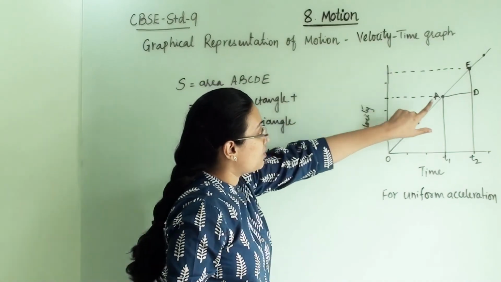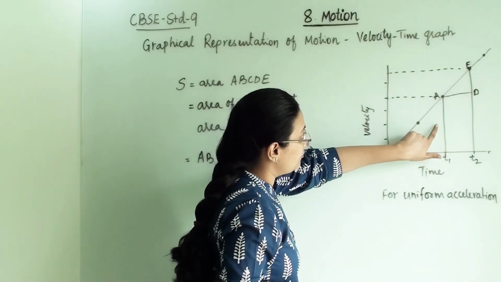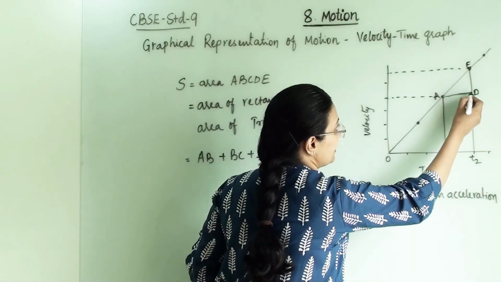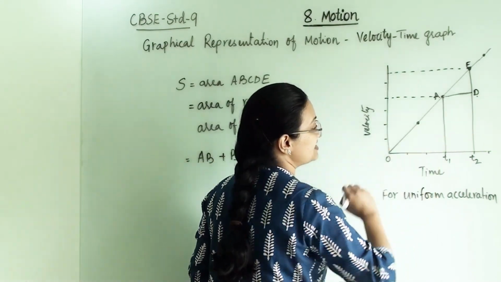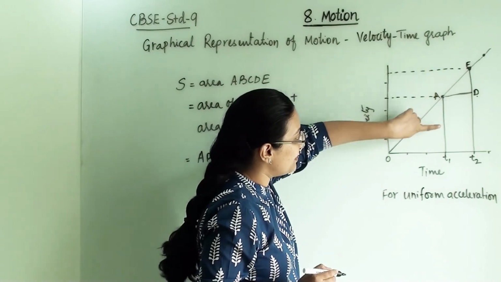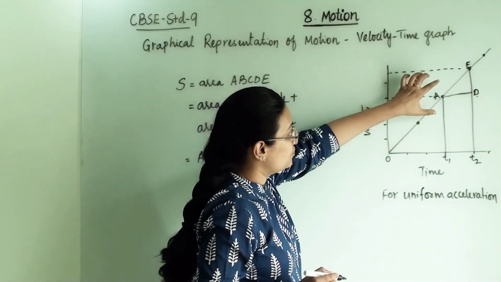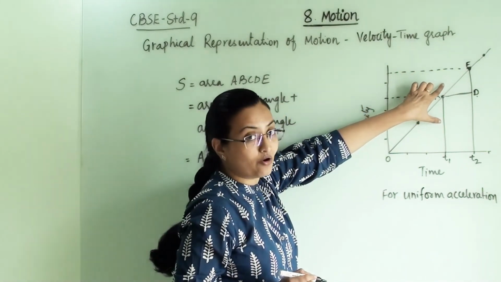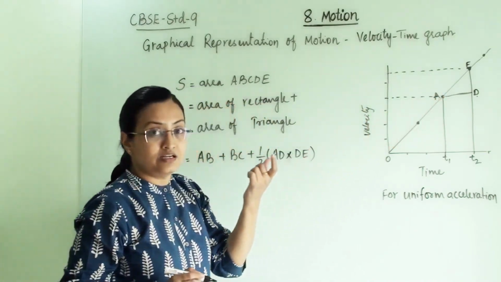So here we got this big rectangle. From this we have divided it and given one point, that is D. So now this is divided into one triangle and one big rectangle. So once we find out the area of these two, we will get the distance covered.